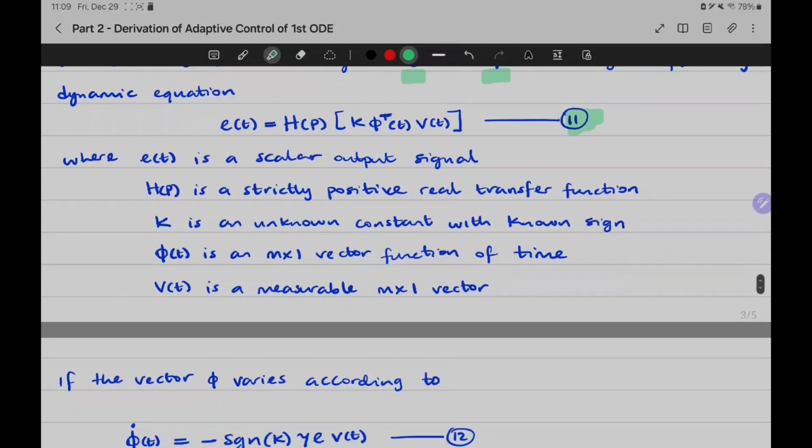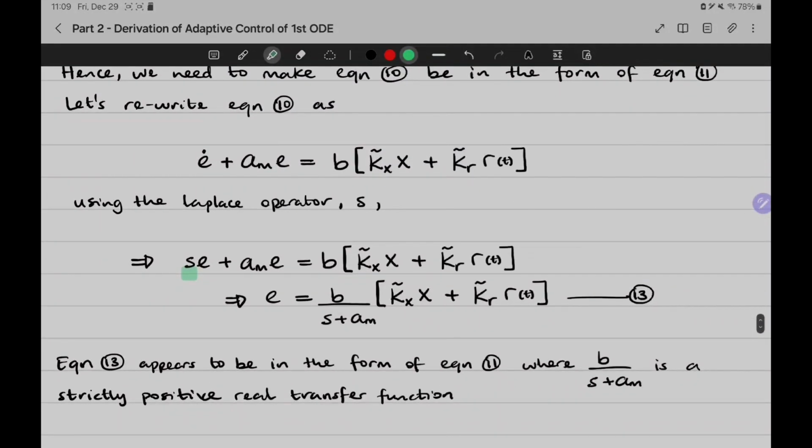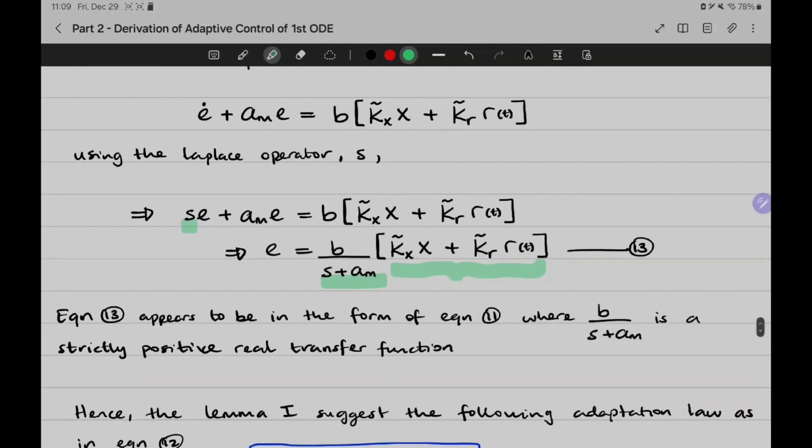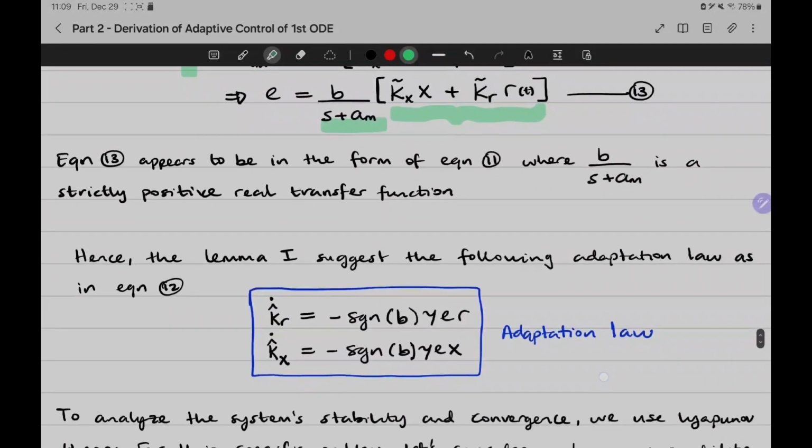If you look at it clearly, you're going to see that this is H, and this one is what is in the brackets. So yes, we can affirmatively say that our error is in the form of equation 11, and so we can define our adaptation law to be in this form.